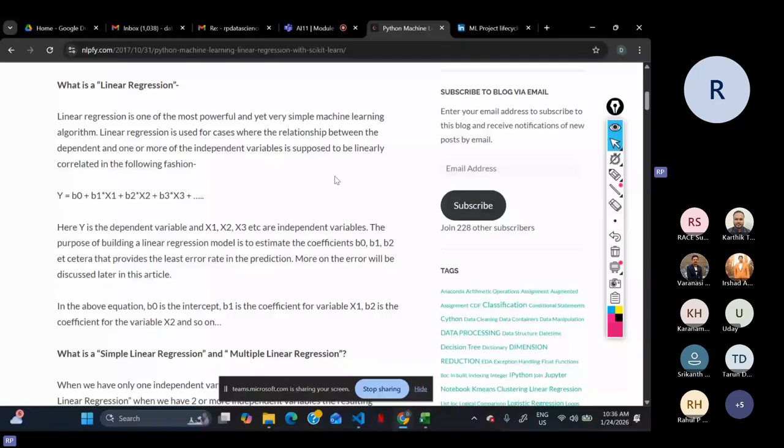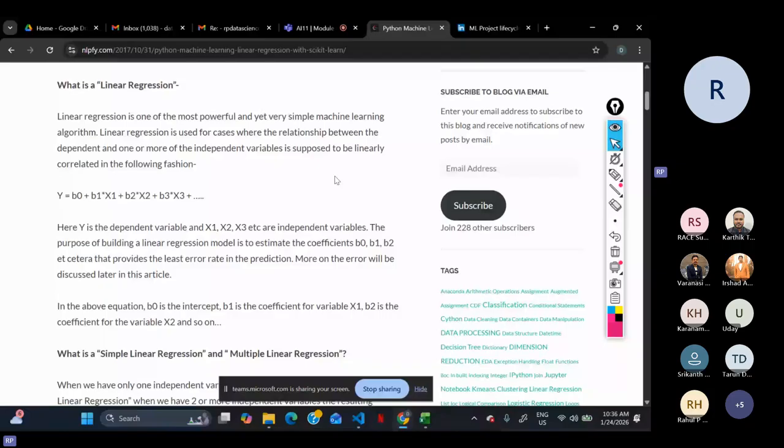If there is multicollinearity, if y is not a linear function of x, if plotting it does not give a straight line, and if there is a pattern in the error, then we cannot use the linear regression model. So these assumptions should be satisfied before we go for linear regression.